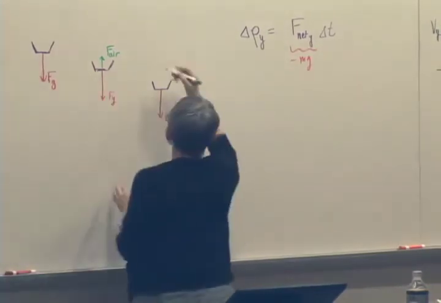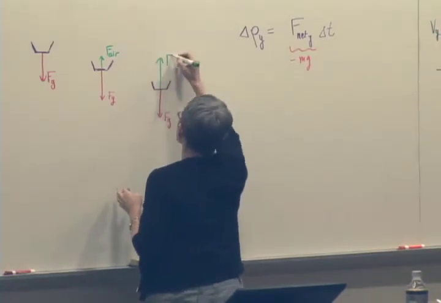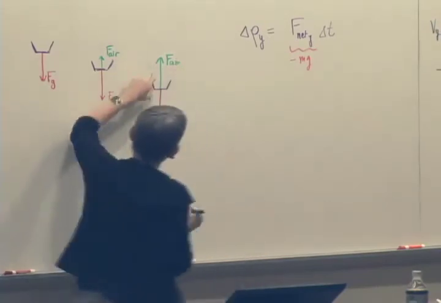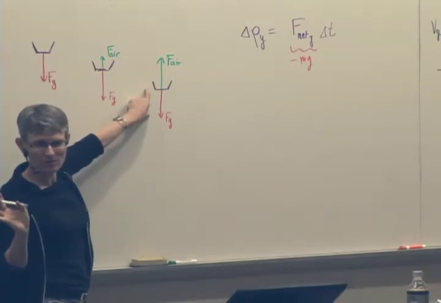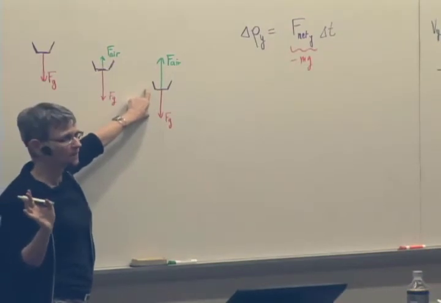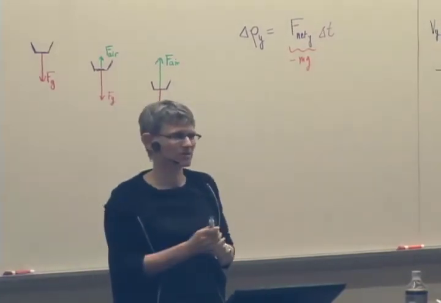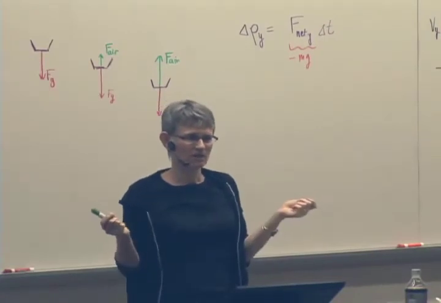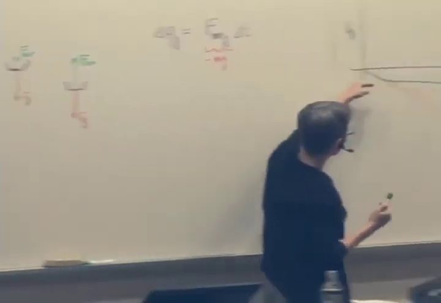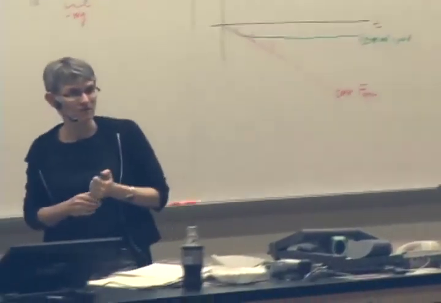It depends on speed, and that's going to keep happening until we get to a situation where the force by the air is exactly equal and opposite to the force by the Earth, right? And then at that point, what's the net force? Yeah, the net force is zero, isn't it? And so at that point, is its momentum going to change anymore? The air force can't get any bigger, so that's when it levels off and falls at this constant speed.